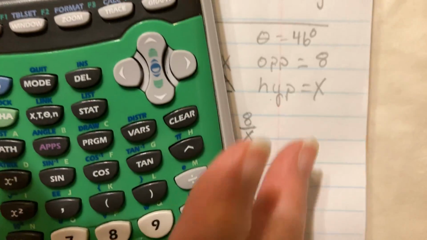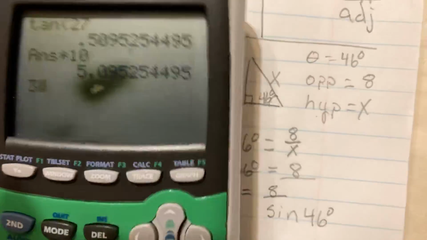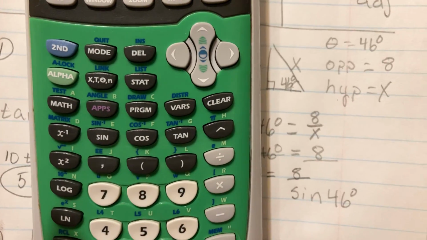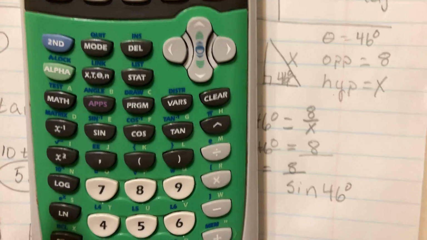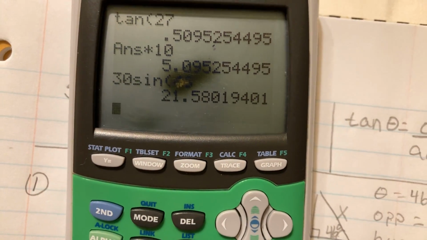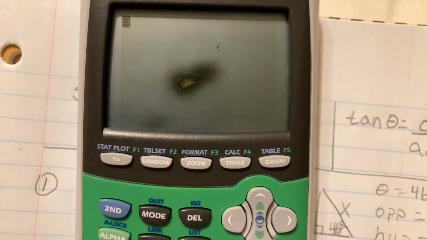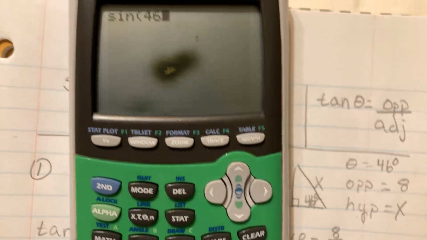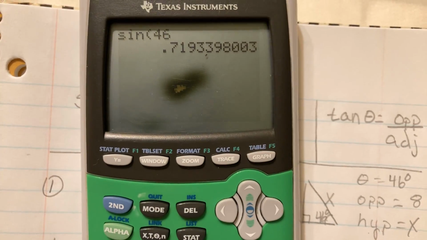Get our trusty calculator again. We say the sine of 46 equals that.